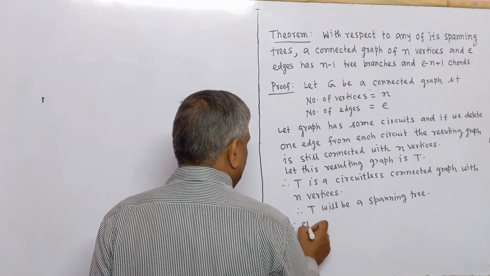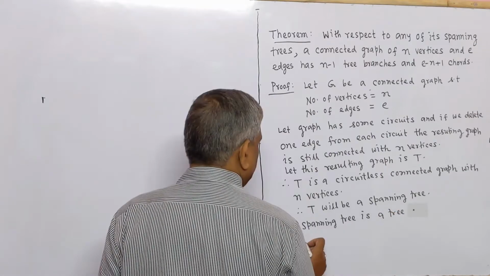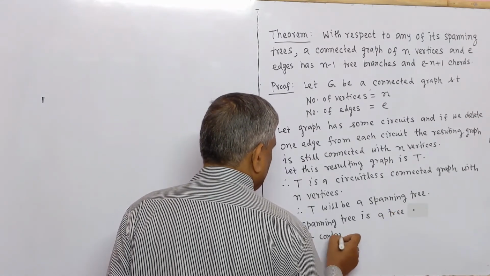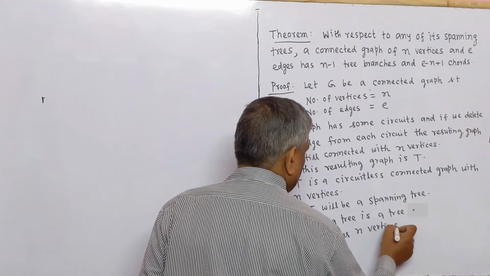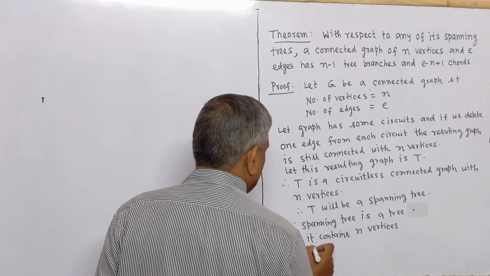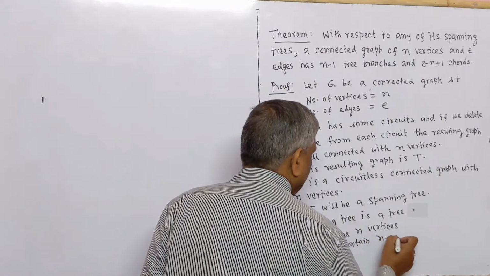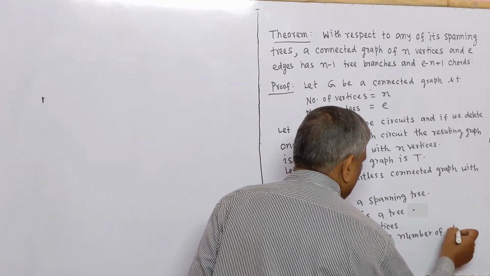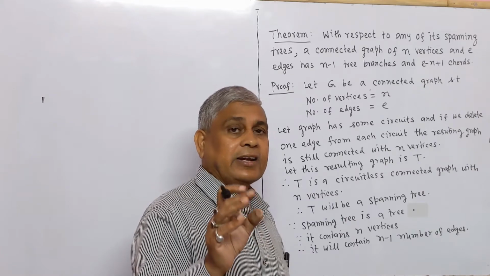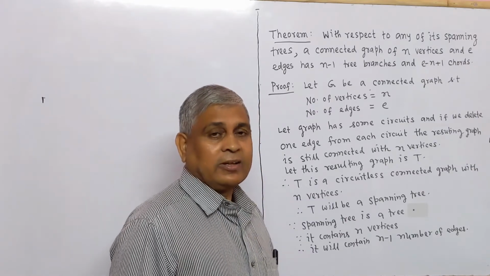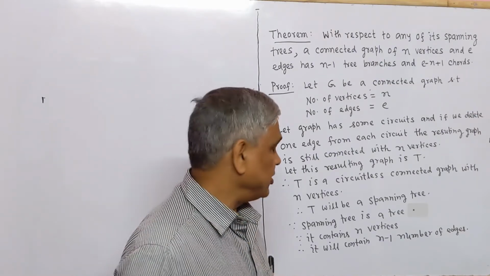Since a spanning tree is a tree, since it contains n vertices, therefore it will contain n minus 1 number of edges. As we know, if a tree contains n number of vertices, then that tree will contain n minus 1 number of edges.